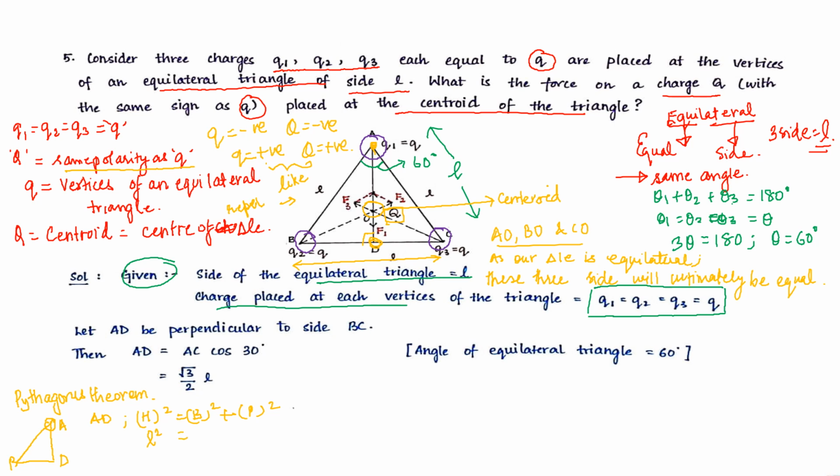Total base is L and half of L is L by 2, and that needs to be squared. And what is the perpendicular's value? It is AD, which is unknown to us, AD square. So it will become L square equals L square by 4 plus AD the whole square. And from here we find that AD equals root 3 by 2 times L. So this is the value of AD. Now we will take another triangle over here.